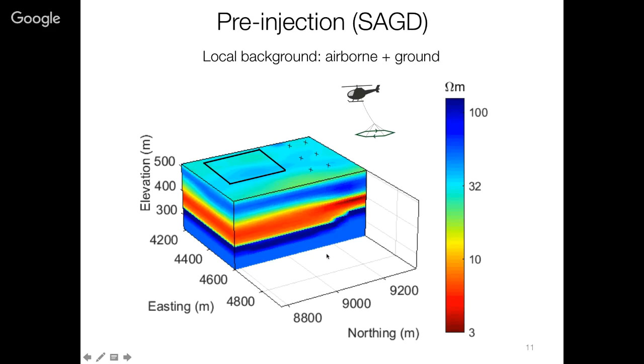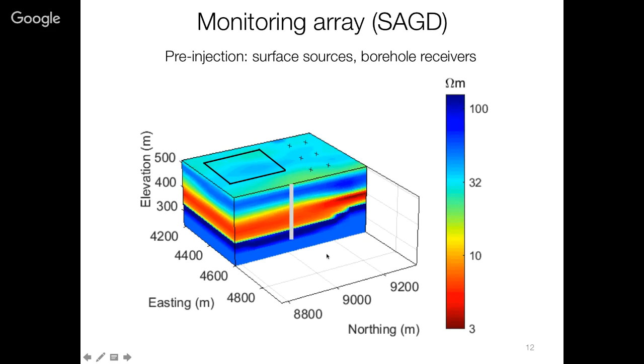So that might involve doing some airborne EM work, as well as maybe some ground work with perhaps some large loops, and then using that to get a better conductivity structure, and maybe even put a borehole down and perhaps have a surface loop and have some measured fields down here.